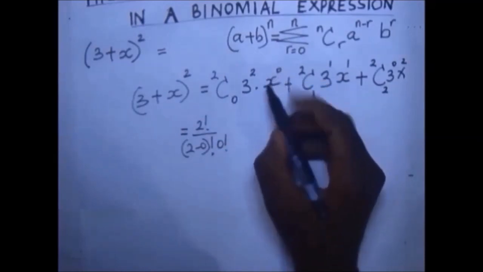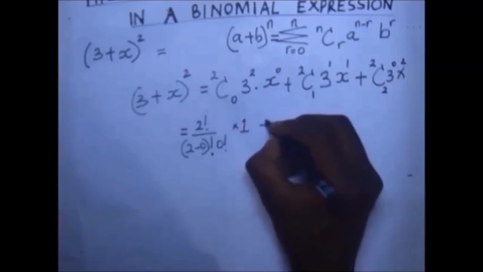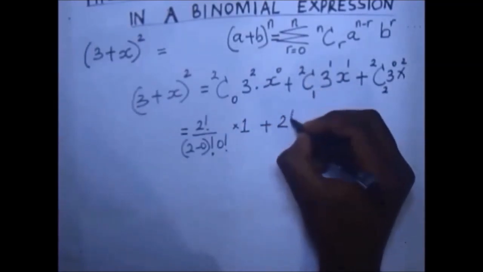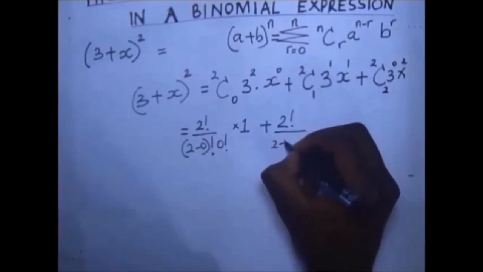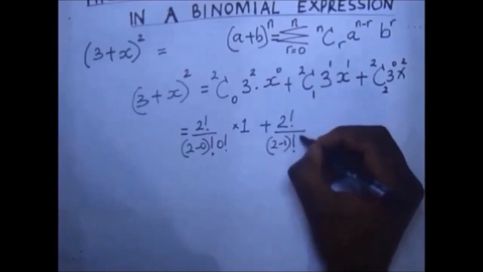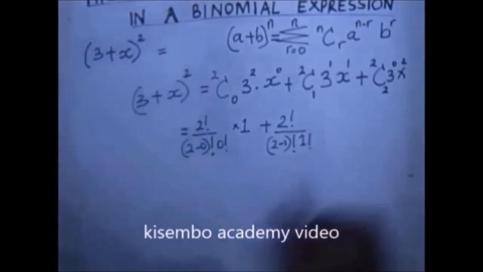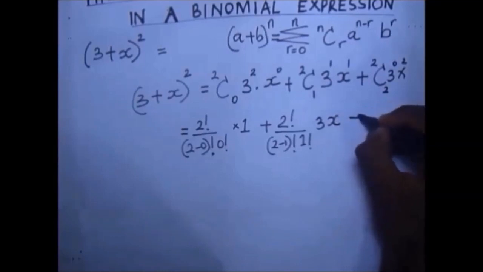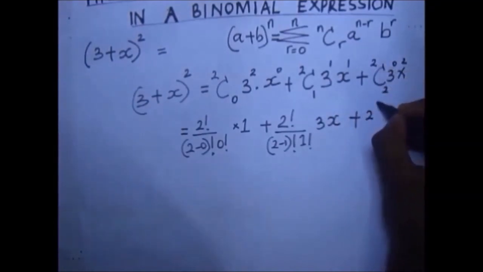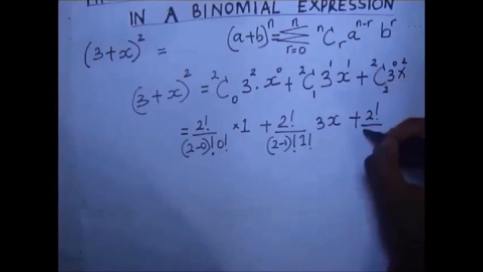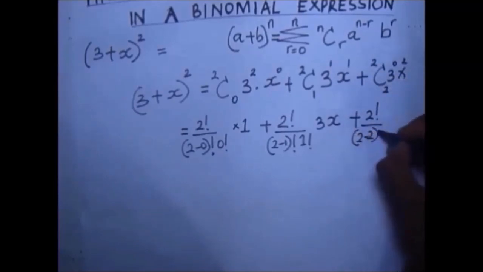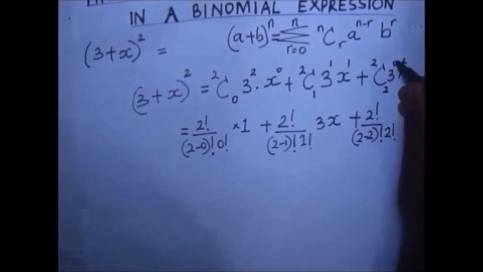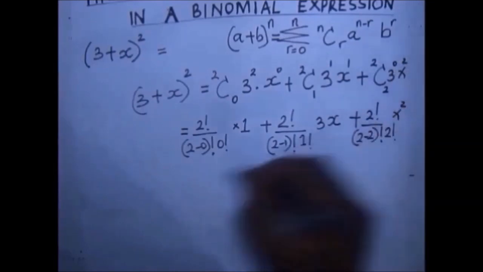Any number to the power 0 is 1, so that is times 1, plus 2 factorial divided by 2 minus 1 factorial times 1 factorial, that is times 3 to the power 1, which is 3, times x to the power 1, which is x, plus the third one, which is 2 factorial over 2 minus 2 factorial times 2 factorial, multiplied by 3 to the power 0. Number to the power 0 is 1, so this is 1 times x squared.